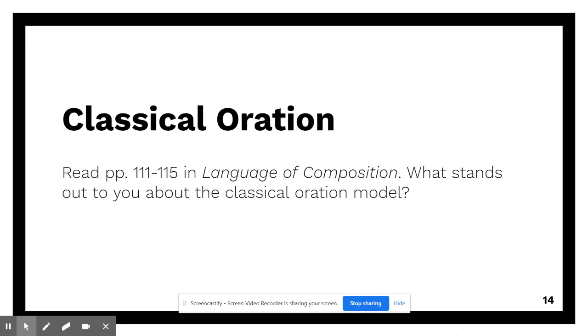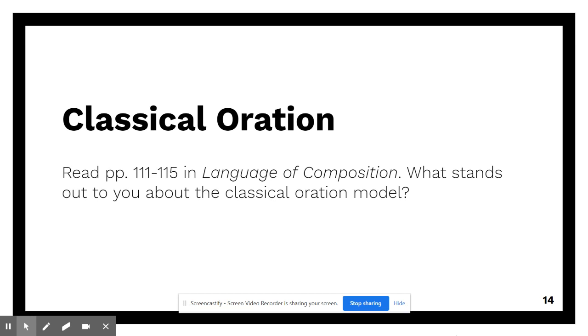You could have multiple paragraphs for any one of these particular parts. I also like that it gives you a structure for thinking about the counter argument, and it also gives you information about the various appeals and where you should be using those. For instance, in the introduction part, it talks about how you should be establishing ethos, and how sometimes in the narration you might be thinking about things like logos and pathos. I think that's really useful for you to think about.